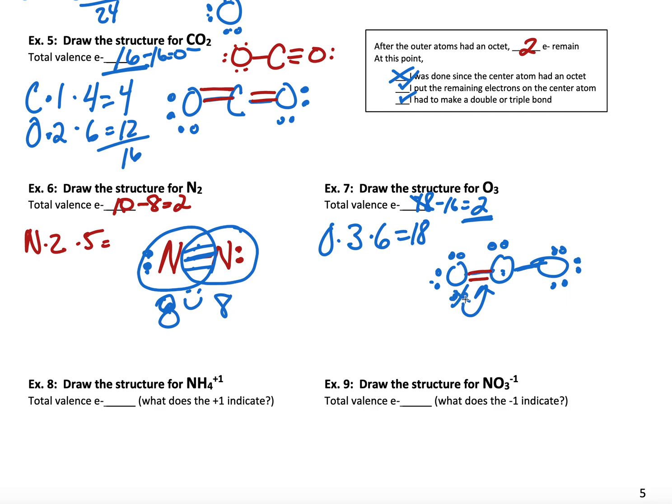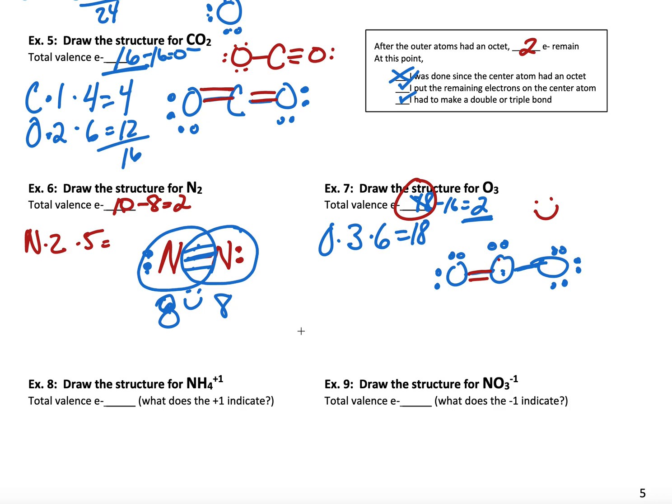And we'll get rid of these 2, because now they're going to be in a bond, zipping back and forth, not just hanging around outside of this oxygen. And now if we look at everybody, 2, 4, 6, 8, 10, 12, 14, 16, 18. All 18 are used. Everybody has an octet, and we're happy.